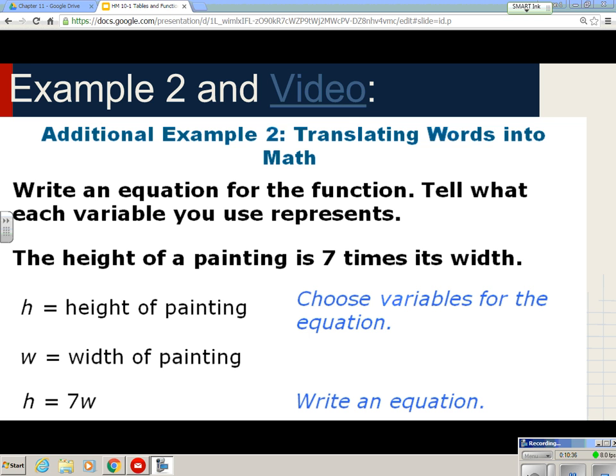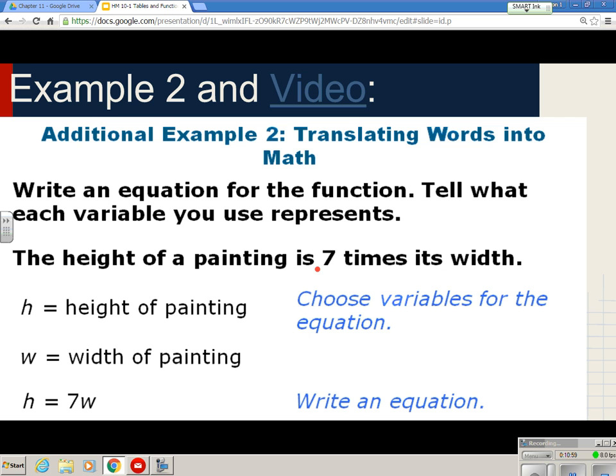Well, first we got to choose the variables. We obviously know we're trying to find the height, so I would use h, and you can see right here that I use h for height of painting. The width, I use the w for width of painting. There's one other thing that's in here, and it says 7. Well, it also says 7 times its width.